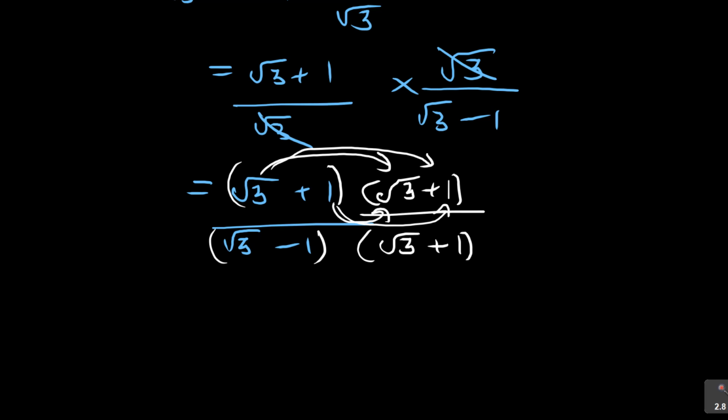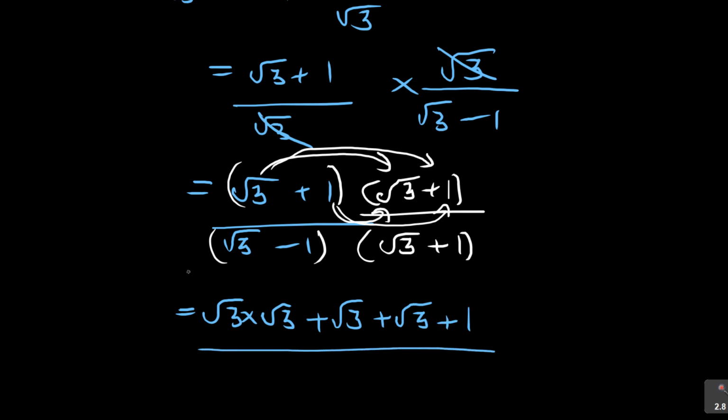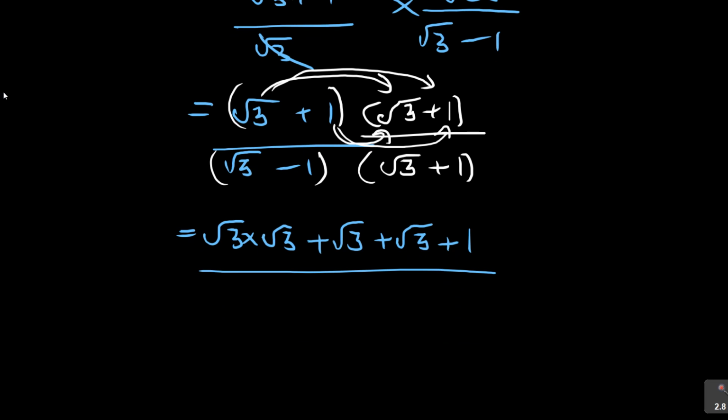So root 3 times root 3, what do I get? Root 3 times root 3, and then plus 1 times root 3 is root 3, root 3 times 1 is root 3, plus 1 over, look at the second one, difference of 2 squares, root 3 times root 3, over, plus root 3 minus root 3 minus 1.